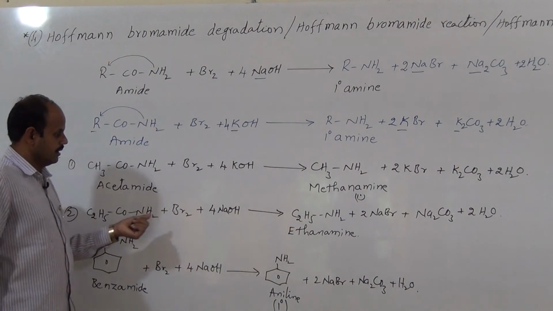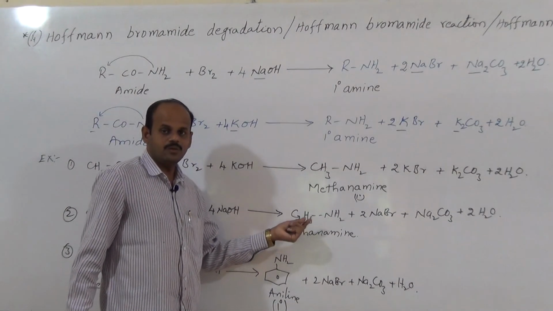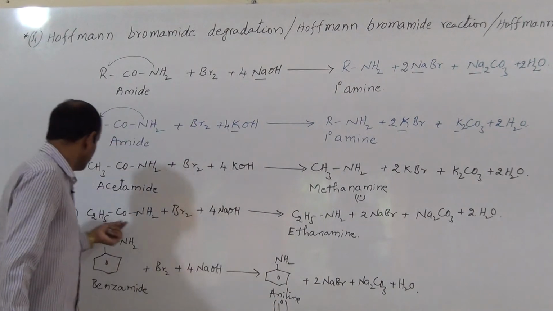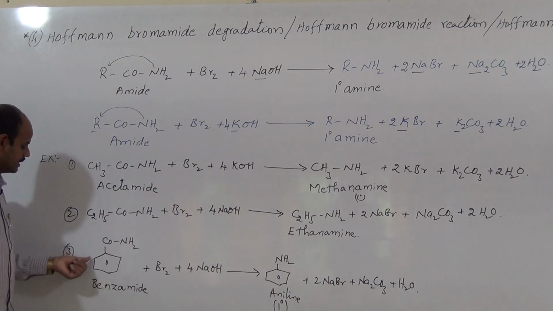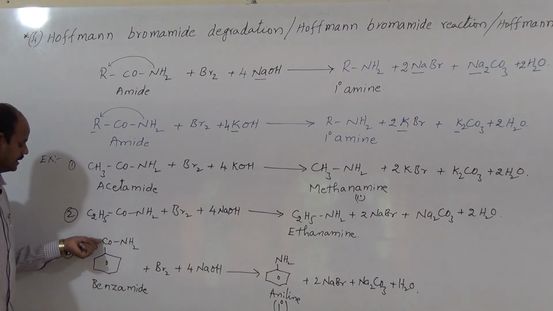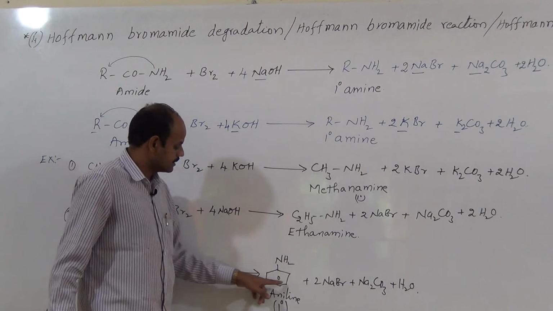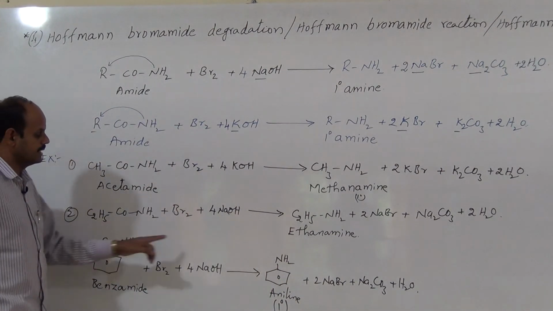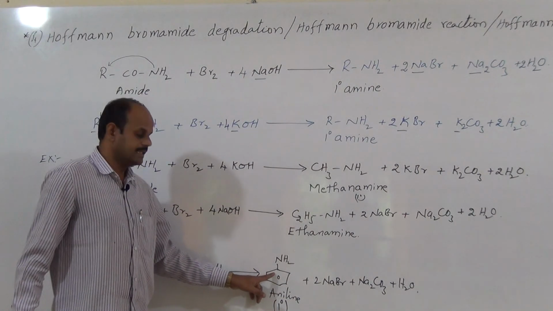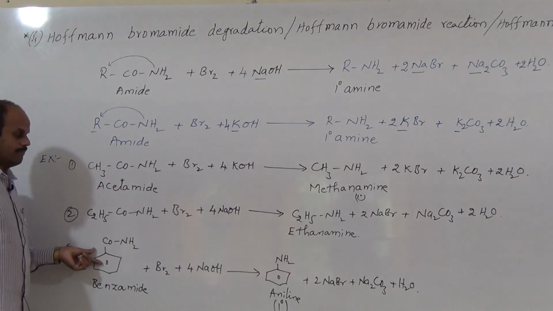Here only 2. In benzamide, 6 carbons in the benzene nucleus plus 1, 7. But in the product aniline, 6 only. Means this aniline has 1 carbon less than the parent amide.